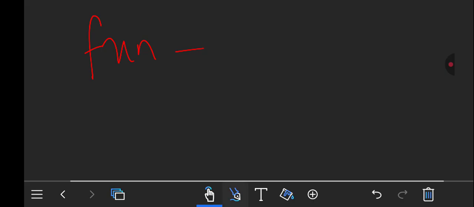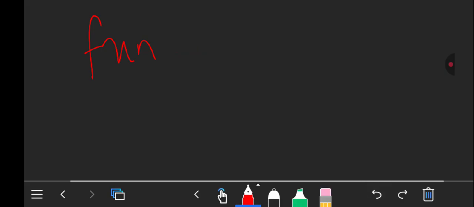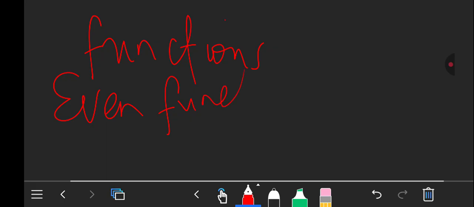What you need to understand about even and odd functions. So we are doing functions: what are known as even functions and also what are called odd functions.